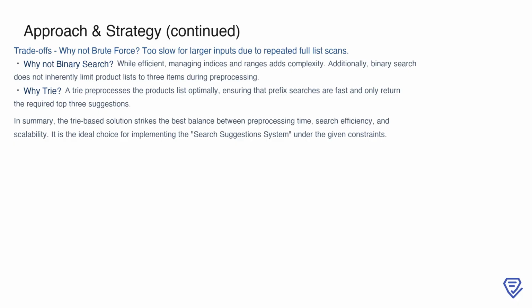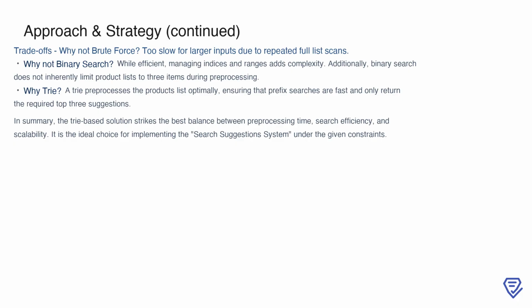The brute force method, while simple, is far too slow for larger inputs due to repeated full list scans. Binary search improves efficiency, but managing indices and ranges adds complexity, and it doesn't inherently limit the product lists to 3 items during pre-processing. The tree, on the other hand, preprocesses the products list in a way that ensures fast and accurate prefix searches, returning only the top 3 suggestions.